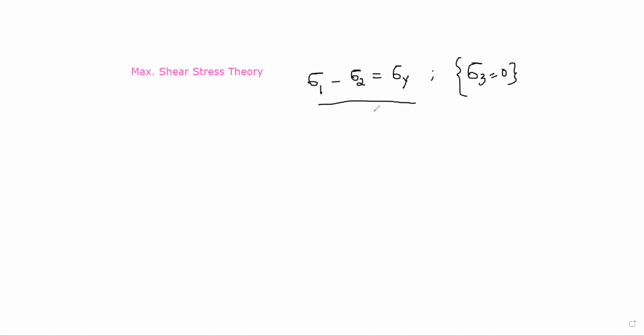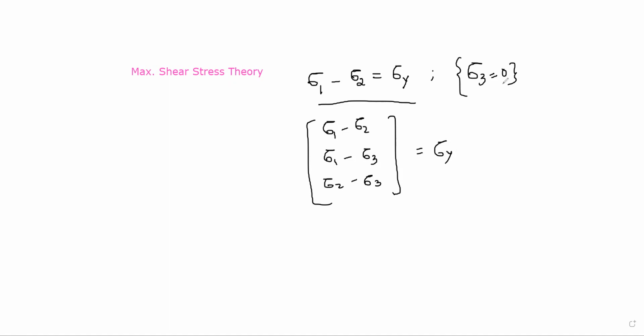Now this theory states that the maximum difference in the stresses, that is sigma 1 minus sigma 2, or sigma 1 minus sigma 3, or sigma 2 minus sigma 3, the maximum difference between the stresses should not be equal to sigma y.